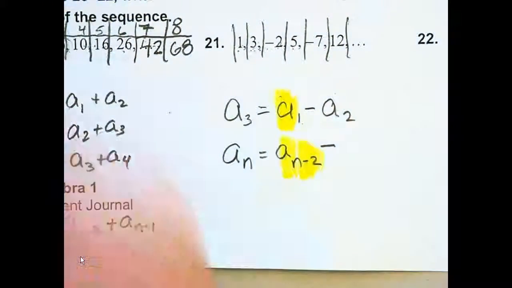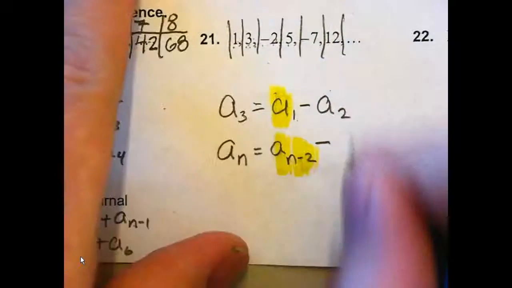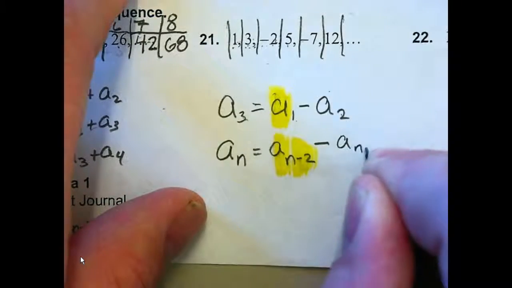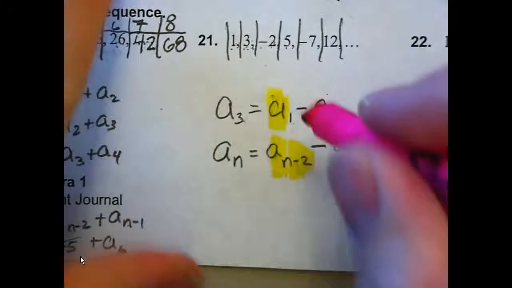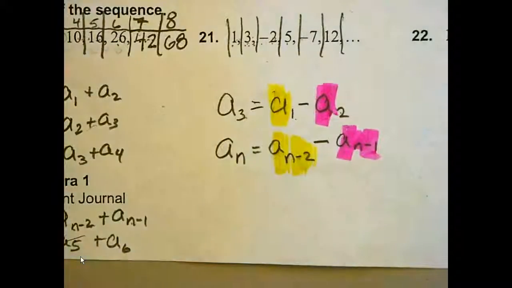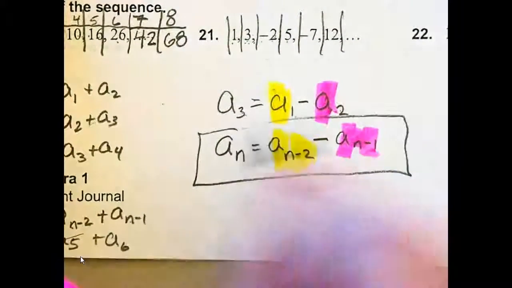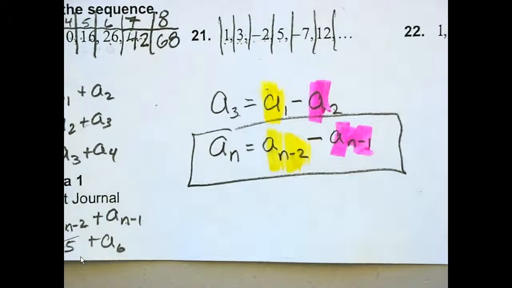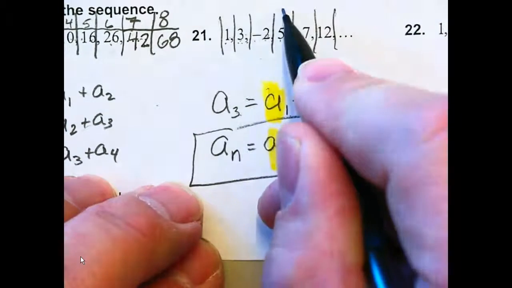Okay? And then a sub 2, to get from 3 to 2, you subtract 1. So that's n minus 1. Okay? That is that. Okay, this is your solution. This is your general form. Pretty good. Yeah? Yep.